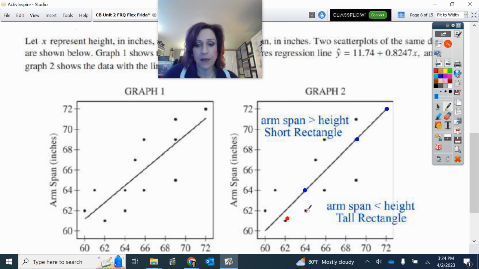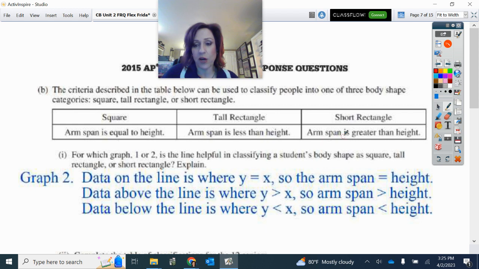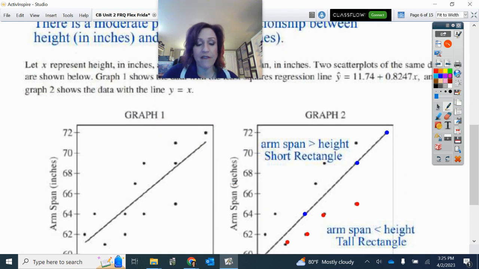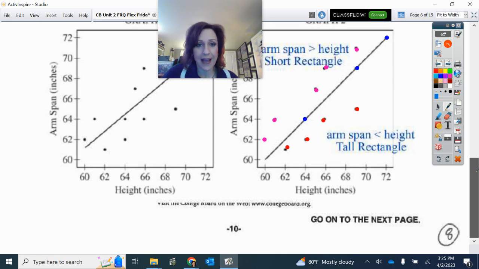So these are the people that are considered tall rectangle. And then by definition here, the arm span is greater than the height. So that would be these people over here. So this y value is greater than the x. That would be these 5 people who are short rectangle, arm span greater than height.